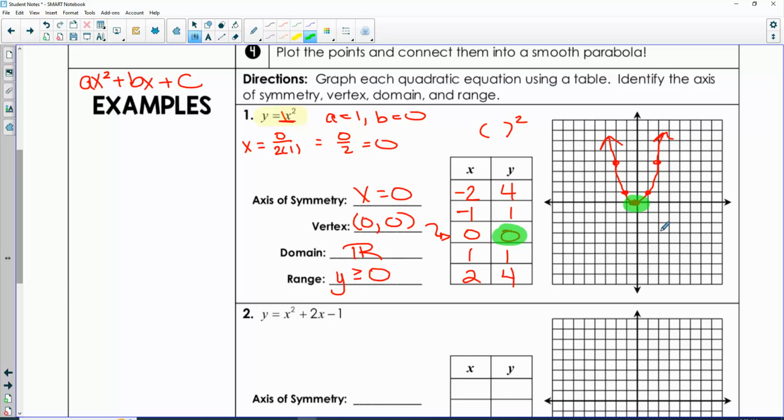And it opened up, so it was everything greater than that. Okay, your range will always be greater than your vertex if your parabola opens up. If it opens down, you're getting everything smaller, so then it would be less than. So it'll be either y is greater than a number or y is less than.